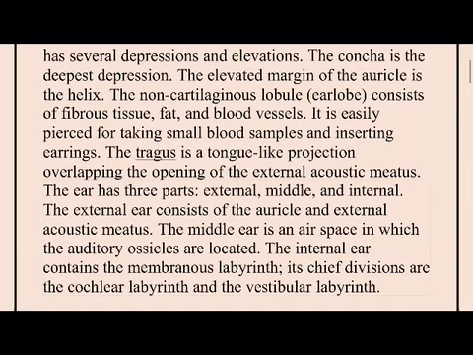So the middle ear is an air space where you have the three auditory ossicles located. The internal ear contains what we call the membranous labyrinth. The membranous labyrinth is divided into the cochlear labyrinth and the vestibular labyrinth.